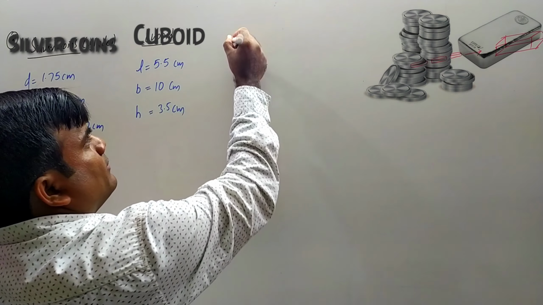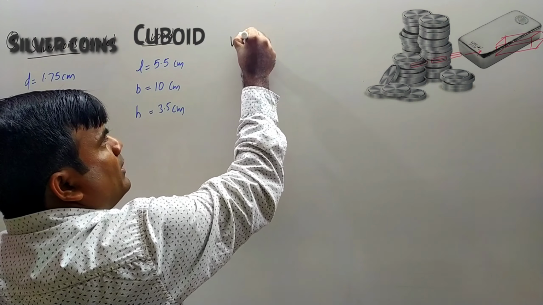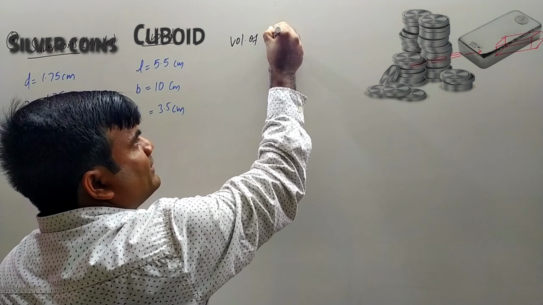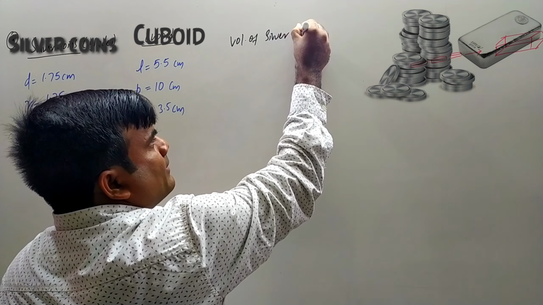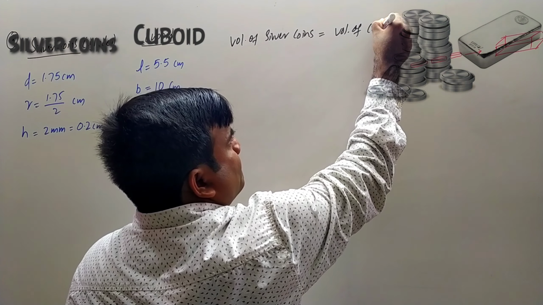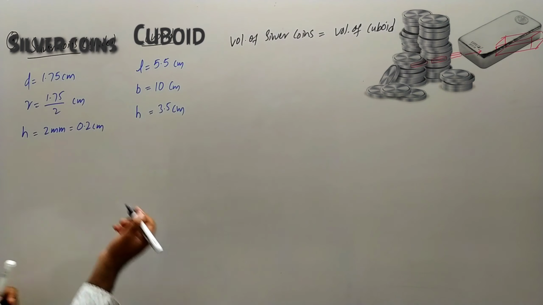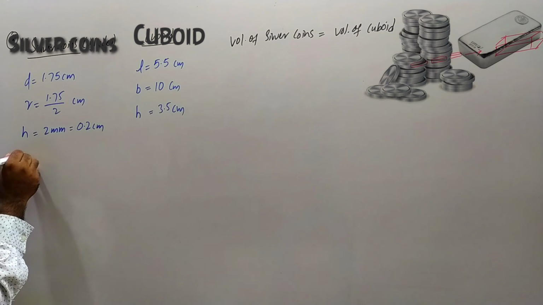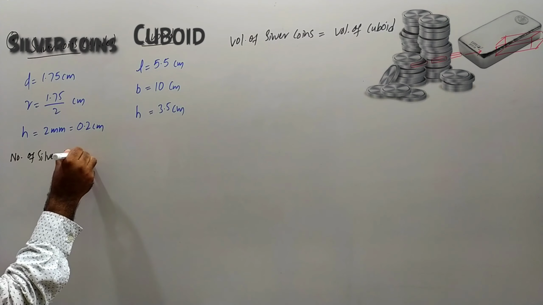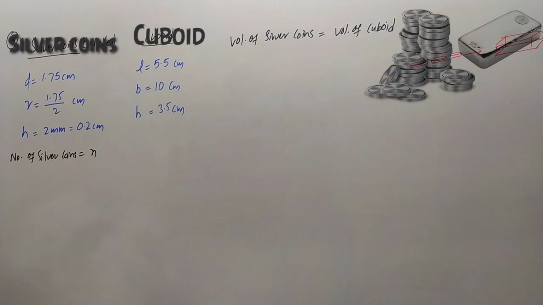So here I am writing volume of silver coins is equal to volume of cuboid. So we don't know how many silver coins. Let us take the number of silver coins equal to some n. So here dimensions are given.